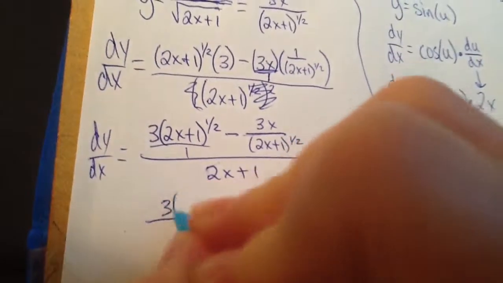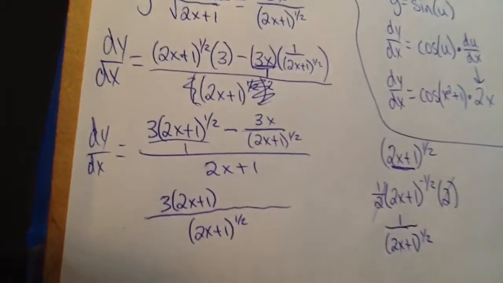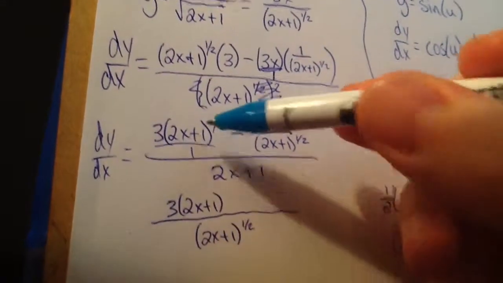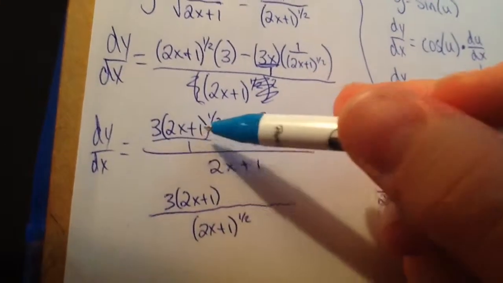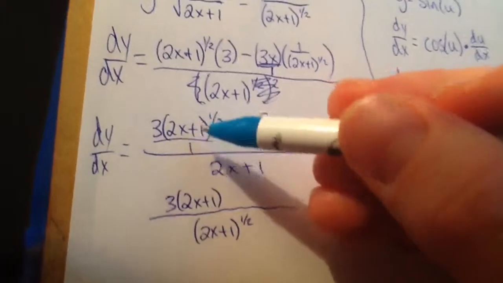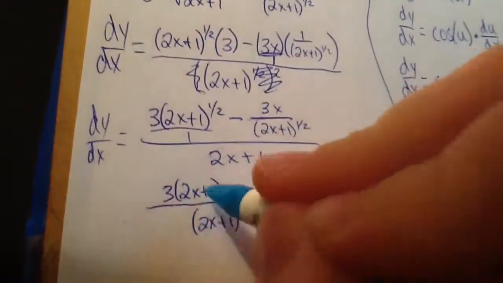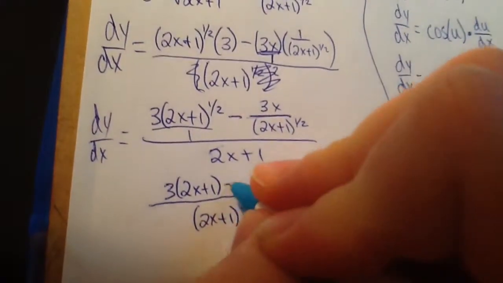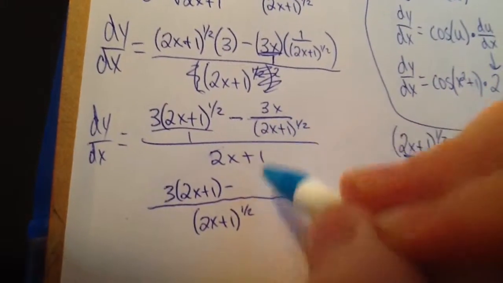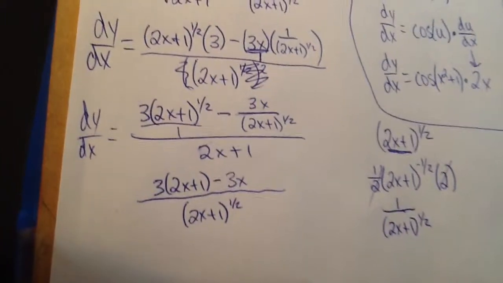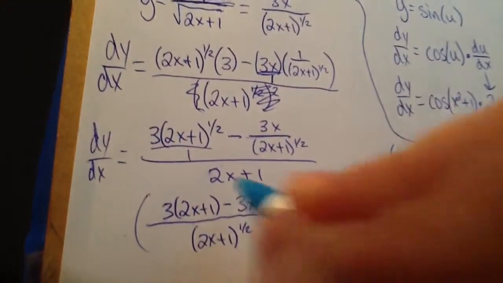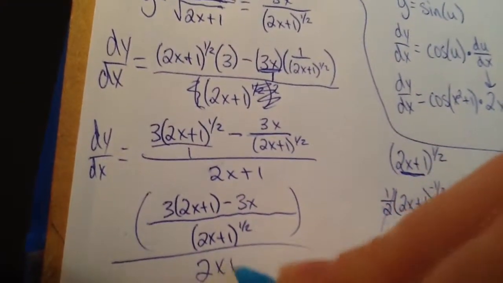So I'm going to have 3 times 2x plus 1, right? So if I multiply the top of this by 2x plus 1 to the 1/2, it'd be 2x plus 1 to the 1/2 times 2x plus 1 to the 1/2, so it'd be 2x plus 1 to the 1. So there's that. Minus, this one already had the common denominator, so it doesn't need anything. And this whole thing now is still over 2x plus 1.